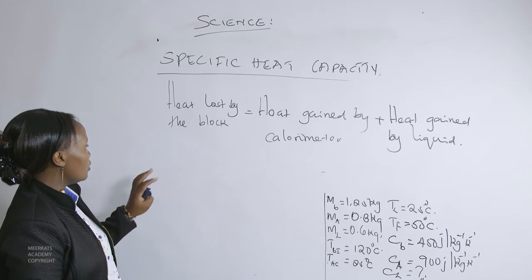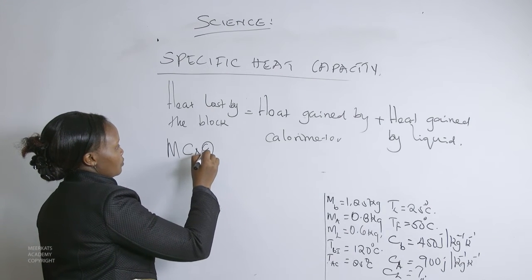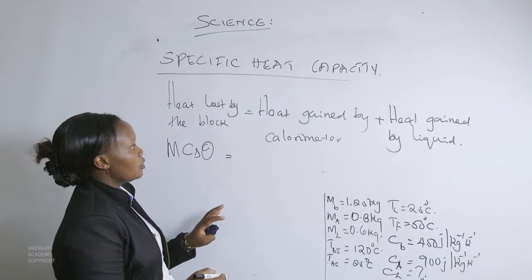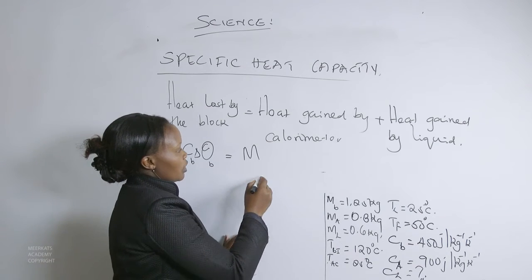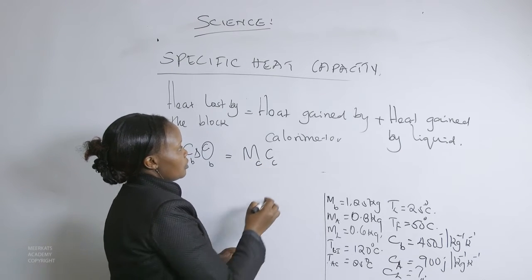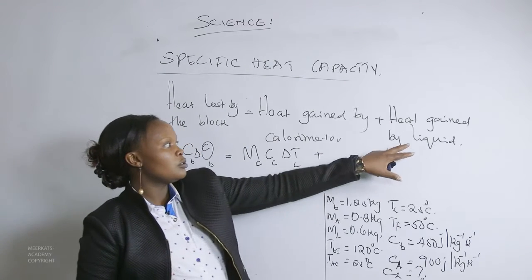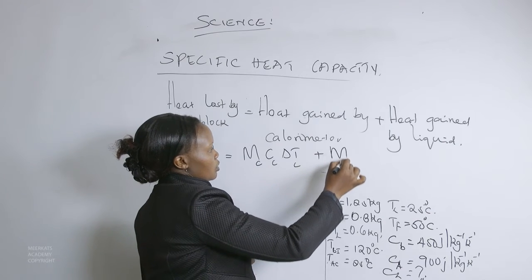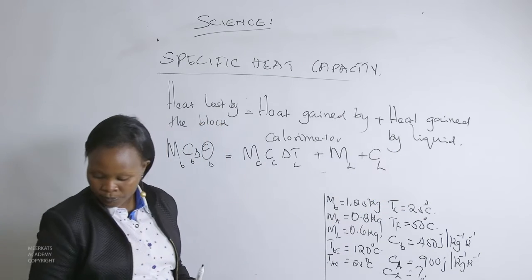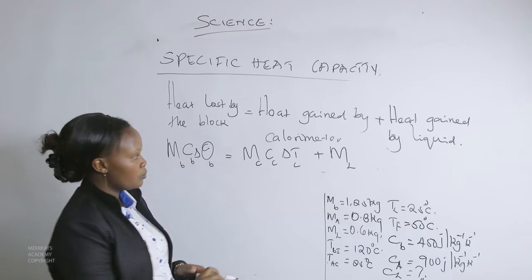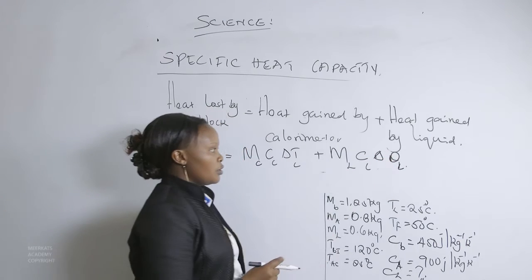But we know that the product of mass, specific heat capacity, and the change in temperature is equal to, all these are for the block, that one, mass of the calorimeter, specific heat capacity of the calorimeter, and the change of temperature of the same, you add to that of the liquid, which is mass of the liquid, specific heat capacity of the liquid, and then the change in temperature of the liquid.